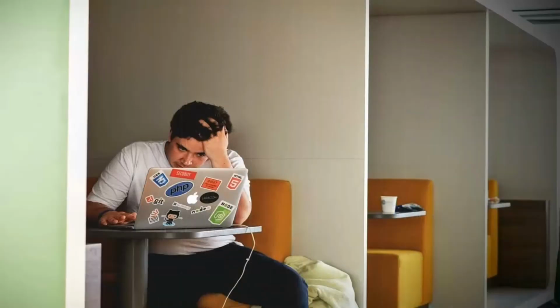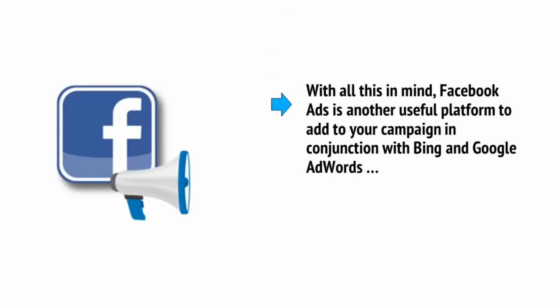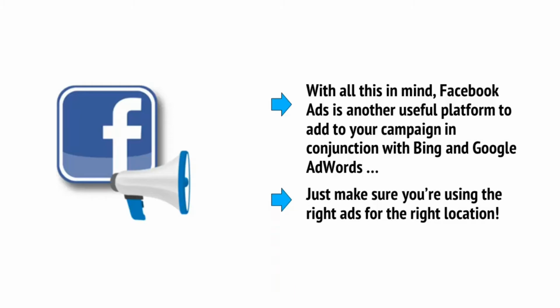When someone is browsing Facebook to catch up with their friends, they're more likely to be just frustrated to see your adverts popping up. With all this in mind, Facebook ads is another useful platform to add to your campaign in conjunction with Bing and Google AdWords. Just make sure you're using the right ads for the right location.